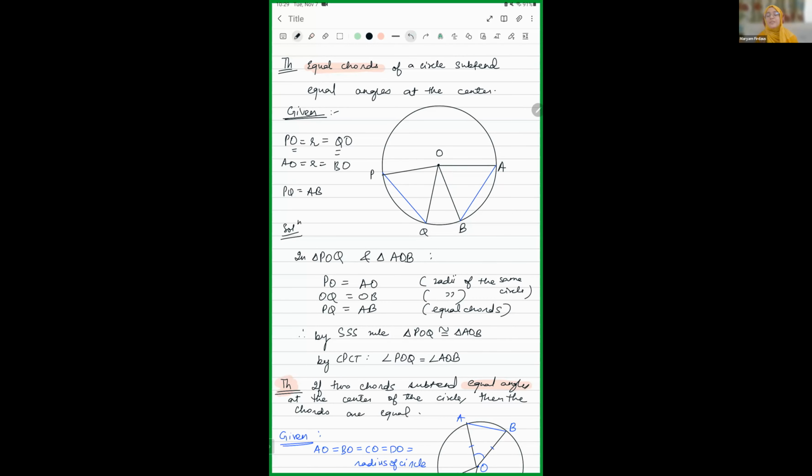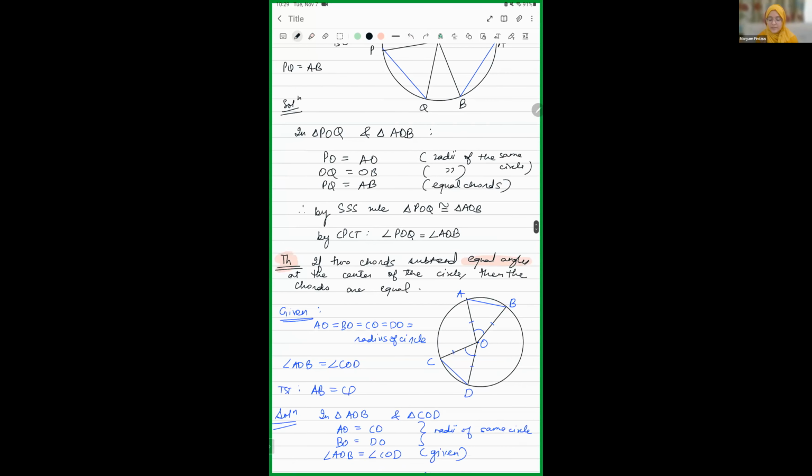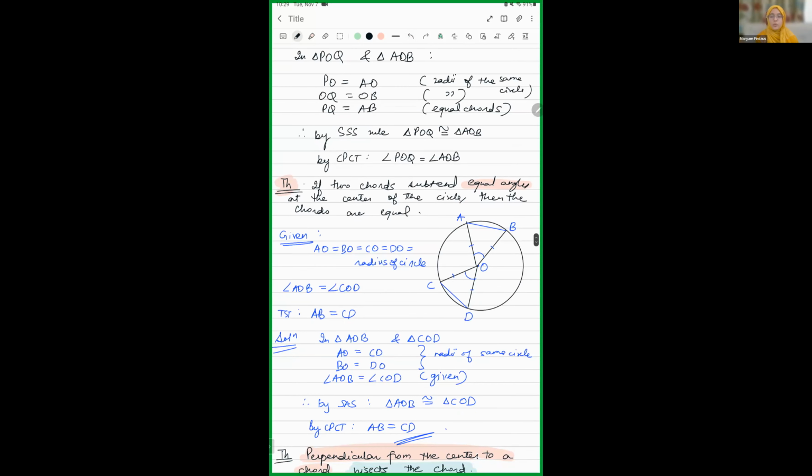So the converse of this theorem is that if equal angles are subtended at the center, then the chords are equal. Which is what we did in the next question, which was if two chords subtend equal angles at the center, then the chords are equal. Understood the meaning of converse? Yes, ma'am, understood.